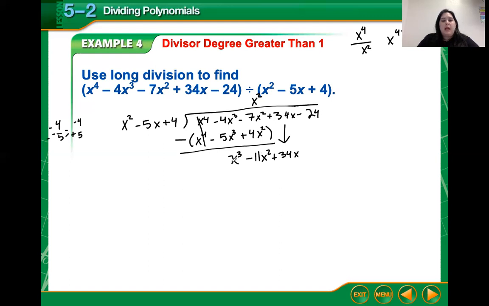Now x squared times x gets me x cubed, so I'm going to do plus x. Now I multiply our divisor by x, so I get x cubed minus 5x squared plus 4x.